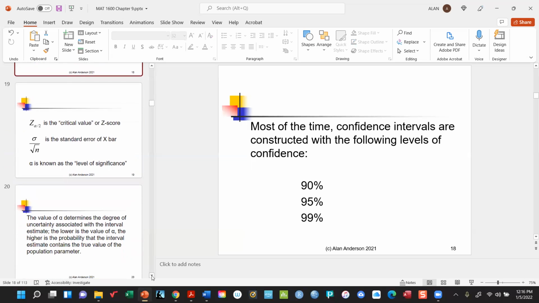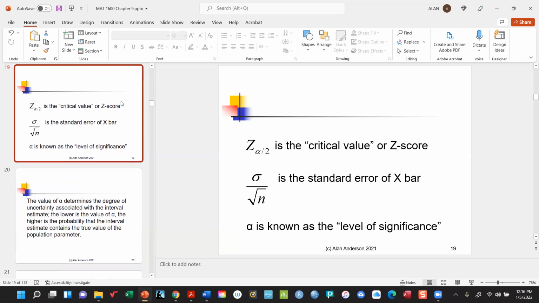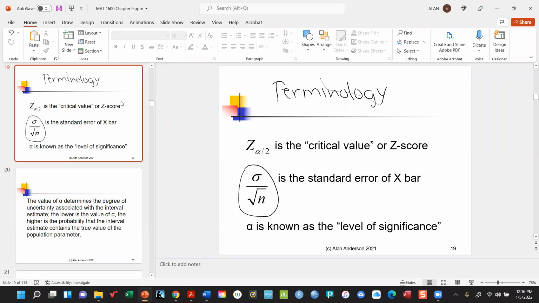Now, by the way, one more thing, this is more terminology. We won't need this until the next chapter, but alpha is sometimes referred to as the level of significance. And Z, when it has that little alpha there, we often call it a critical value or a Z-score. More terminology, like we need more. And then this piece by itself is sometimes called the standard error of X bar.